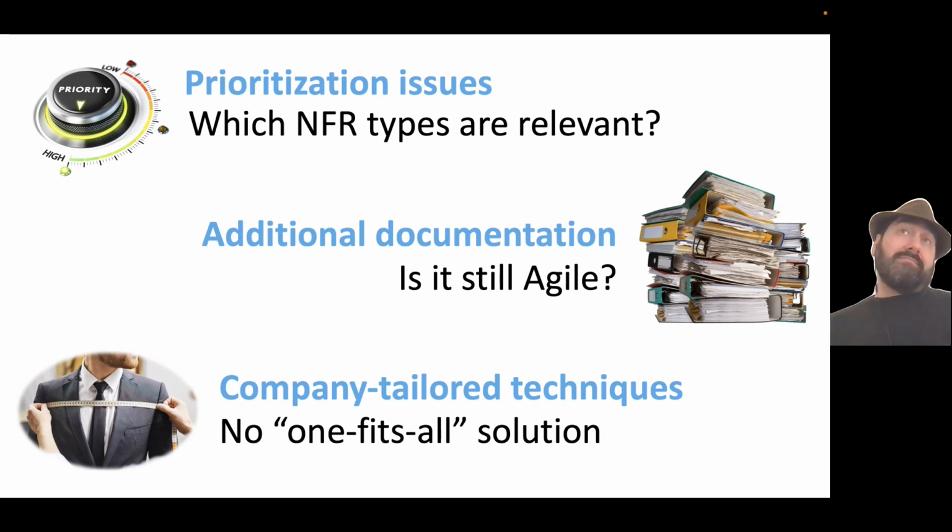And what kind of happens is that the companies, without getting the methodological support from Agile for documenting these requirements, try to tailor some techniques or maybe pick up some ideas and try to adapt a little bit. And we don't have a solution that kind of fits all the companies, right? They find themselves without much guidance, right?